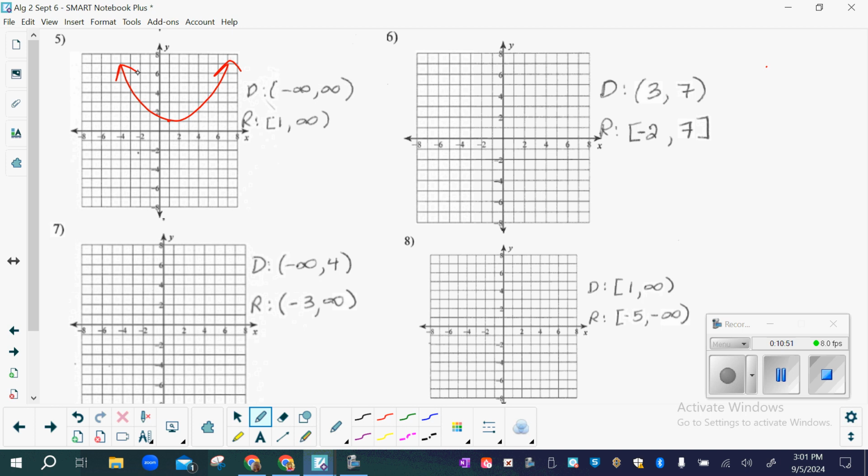So next one, 3, 7, negative 2, 7. This 3 has an open circle, this negative 2 does not. So if I start with the point 3, negative 2, what will it need to be, open or closed?